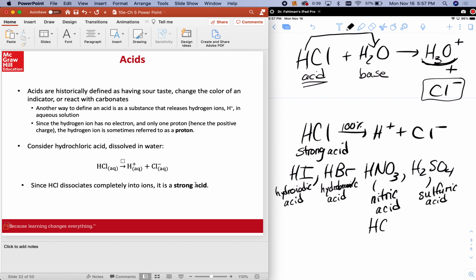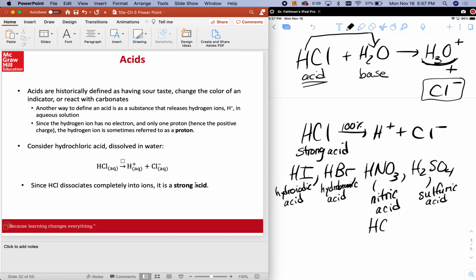Those six are really our most common types of strong acids. Those will 100% be broken apart into H+ and then whatever's left.